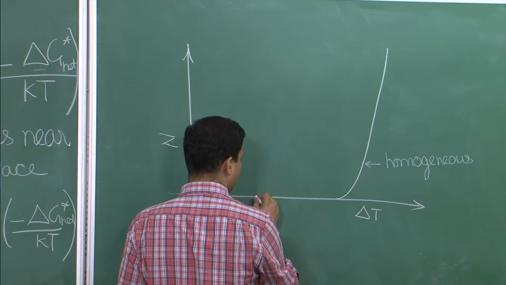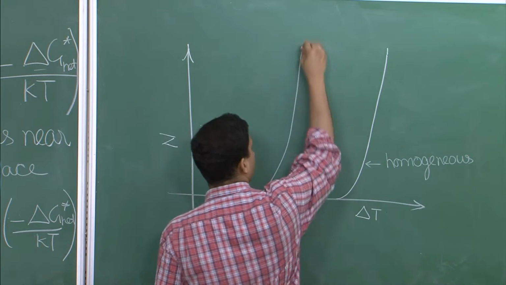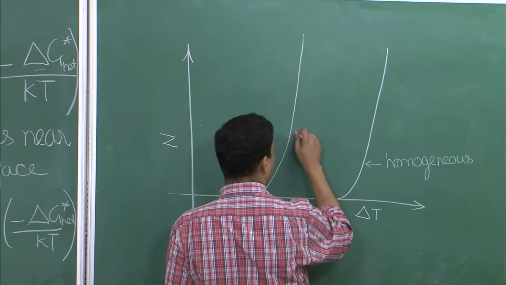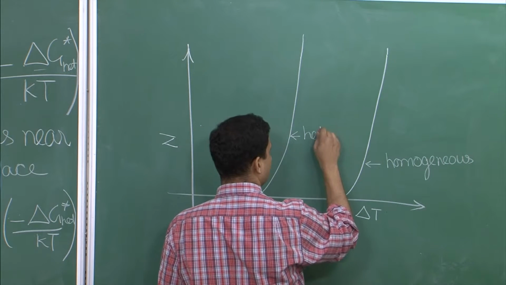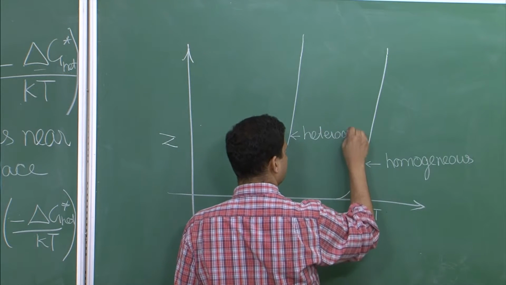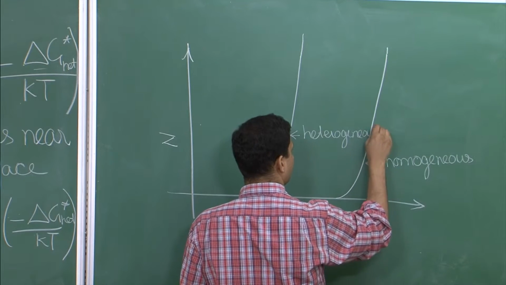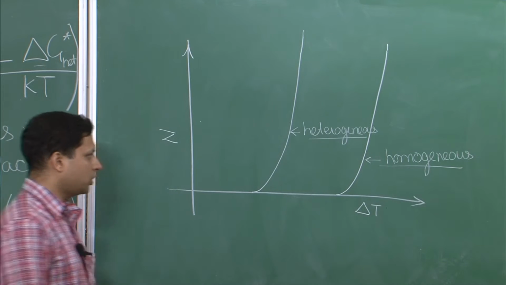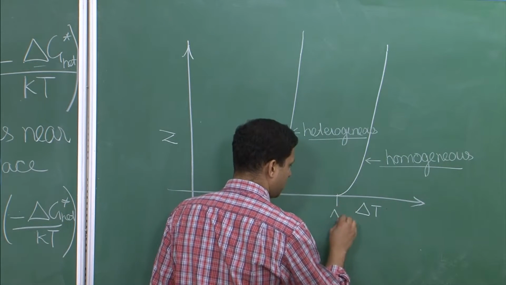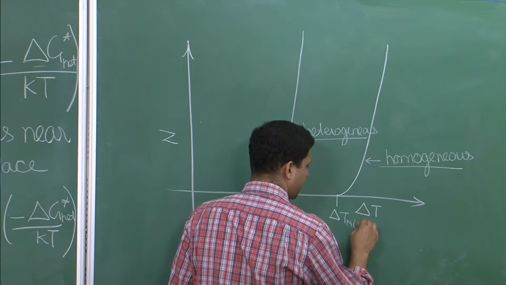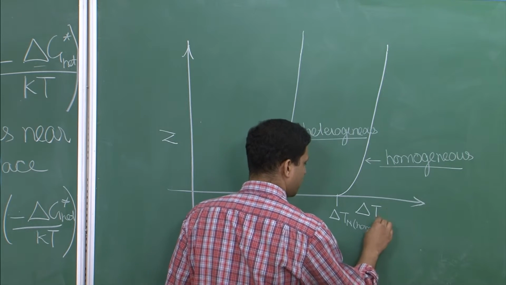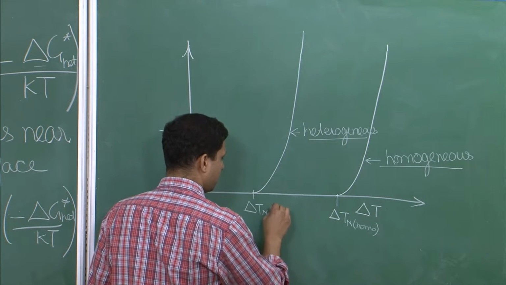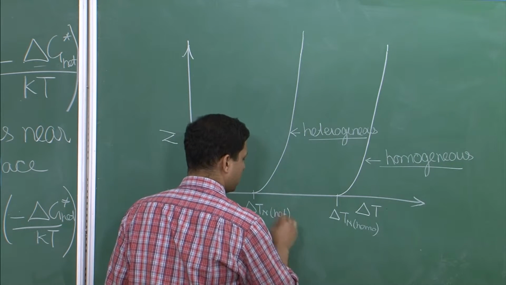In heterogeneous nucleation, this will happen at a much smaller undercooling. So this is for heterogeneous nucleation. This is the delta Tn for homogeneous, and this is delta Tn for heterogeneous.